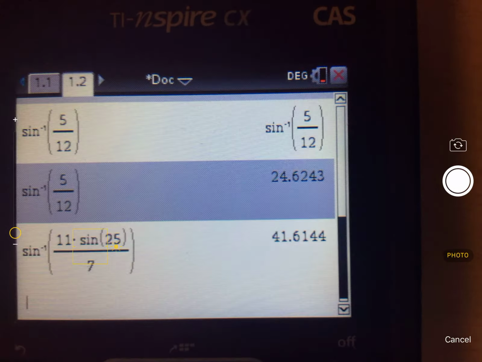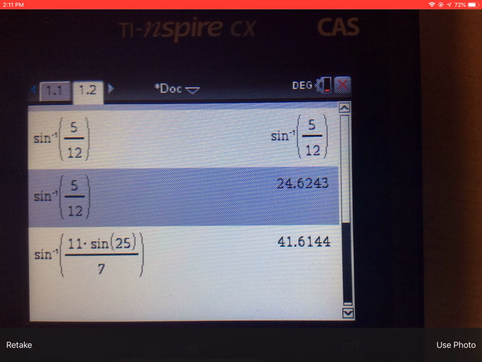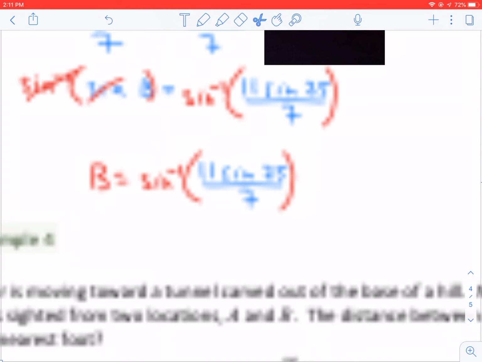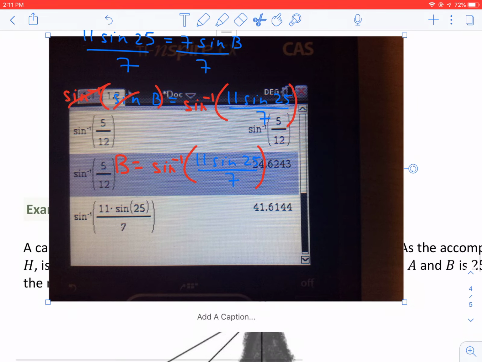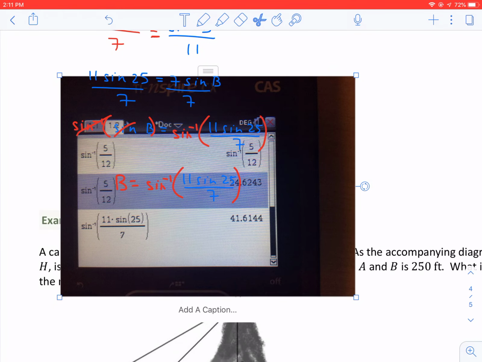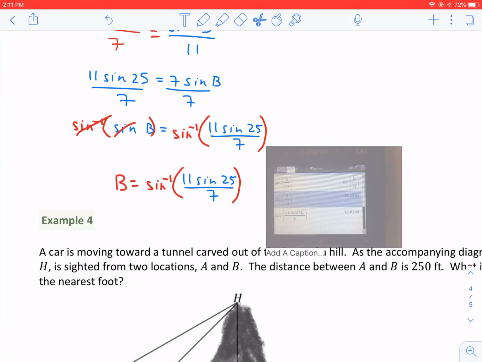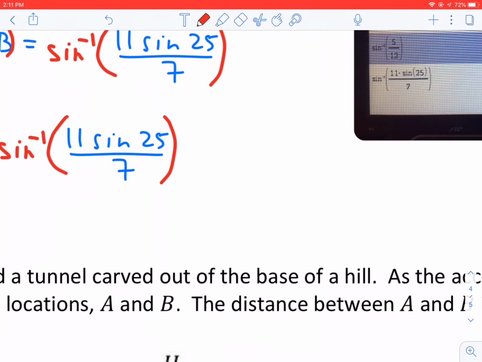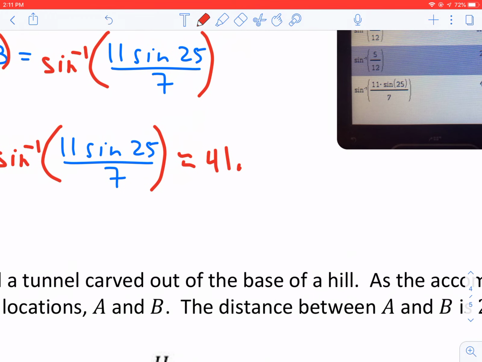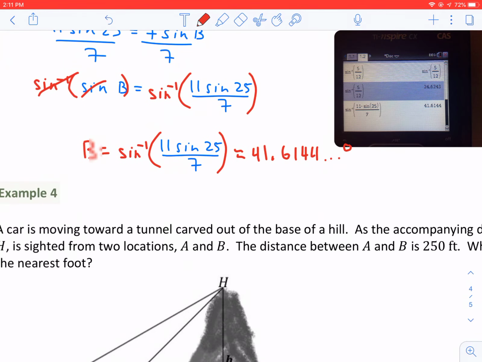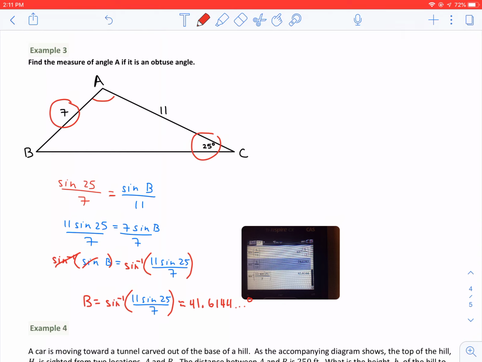So it should look something like this. Again, make sure you are in degree mode. And that looks like it is about 41.6-ish degrees, 41.6144 something degrees.